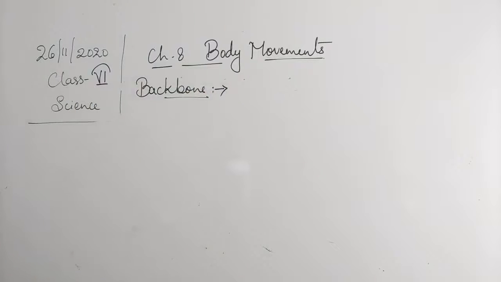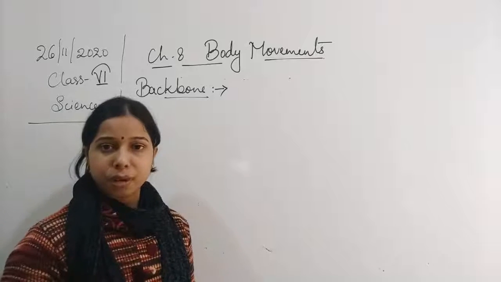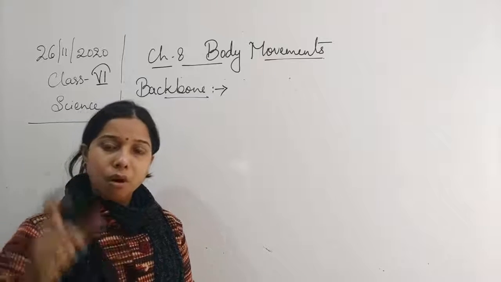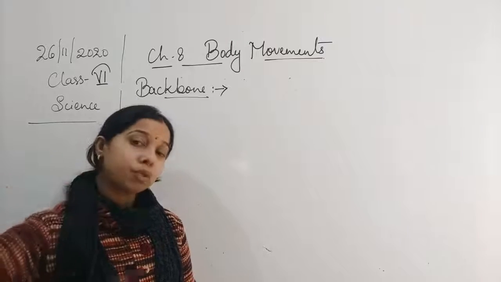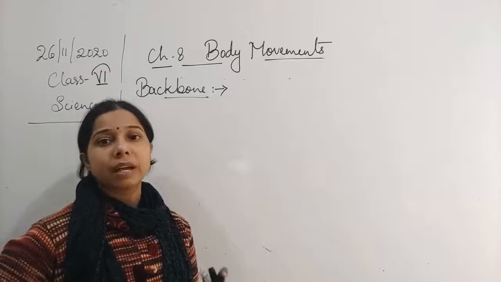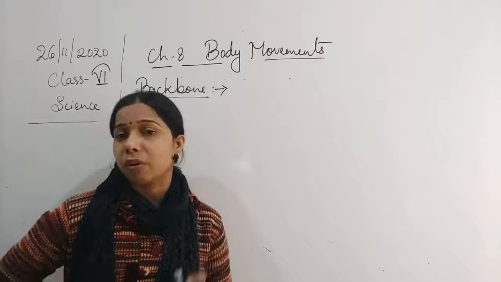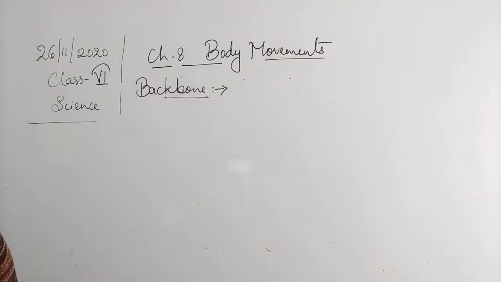So what is the backbone, students? It is a long rod-like structure of bones which starts from your neck region to the hip portion. So from the neck to the hip, a long cylindrical rod-like structure is there, known as the backbone.